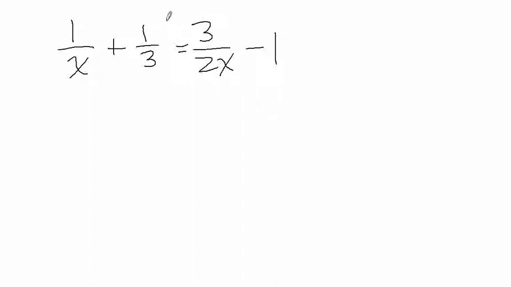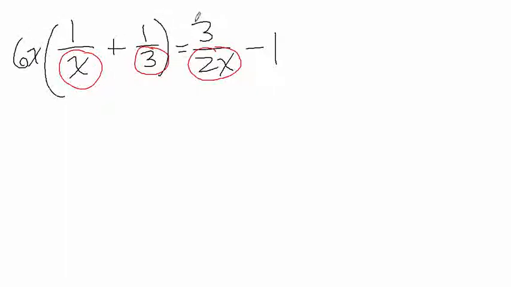Okay, so first I'm going to analyze the denominators. The least common denominator, well, first focusing on the numbers 2 and 3, that'll give me a 6. Then the x's will give me an x, so 6x is what I want to use. So let me multiply both sides by 6x.